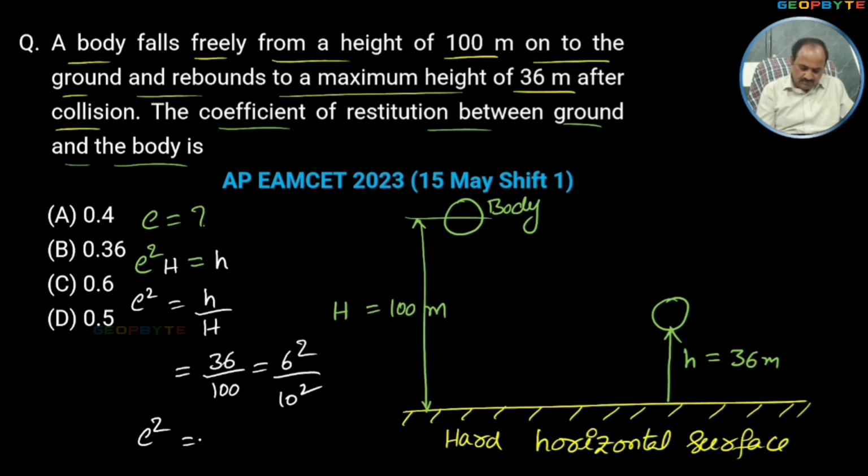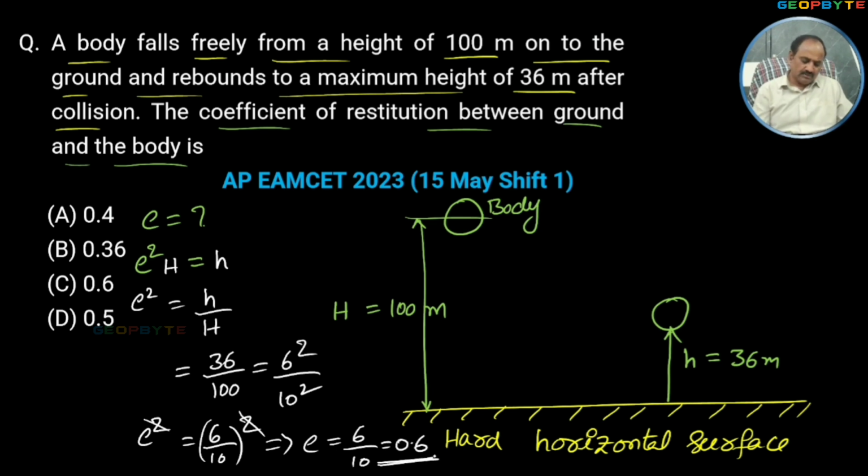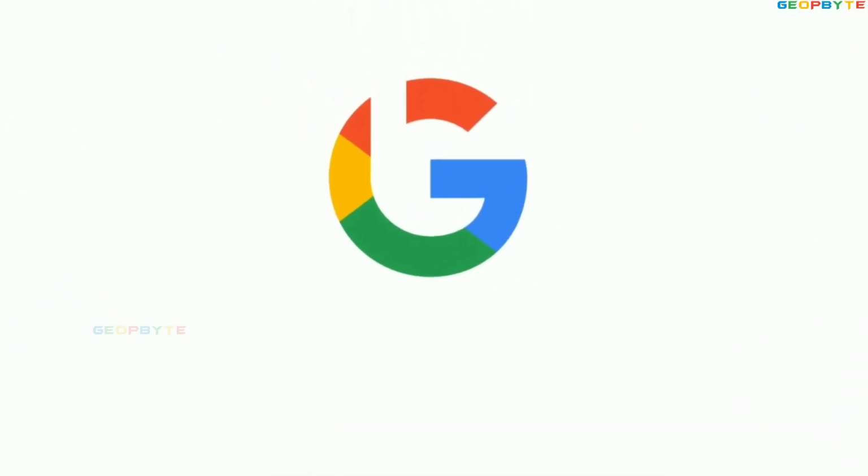Then e square equal to 6 by 10 whole square. The square part is cancelled. Finally, e equal to 6 by 10 equal to 0.6. That is the coefficient of restitution. Option C is absolutely correct. Understood clearly? Yes.